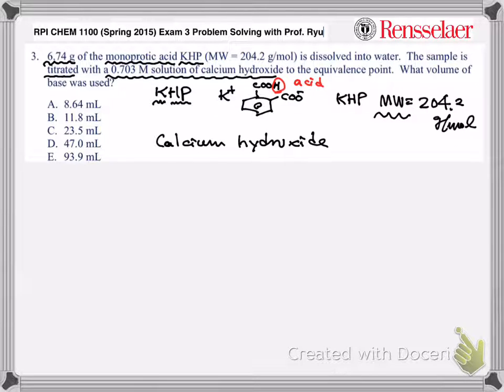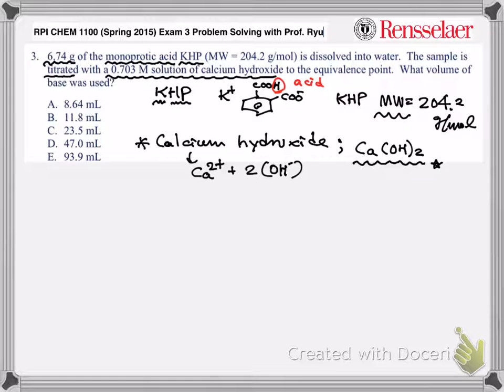It's important to know the chemical structure of calcium hydroxide. Calcium is Ca 2 plus, and hydroxide is OH minus. You need 2 of them to neutralize it. So therefore, Ca(OH)2. This is the chemical formula.